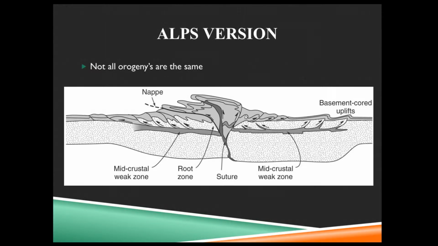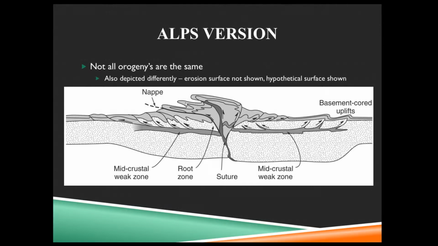But the point is that not all orogenies are the same. Sometimes we get something that's going to have much more thrust faulting. Sometimes we're going to have something that has more uplift, sometimes more folding. But also they get depicted differently.